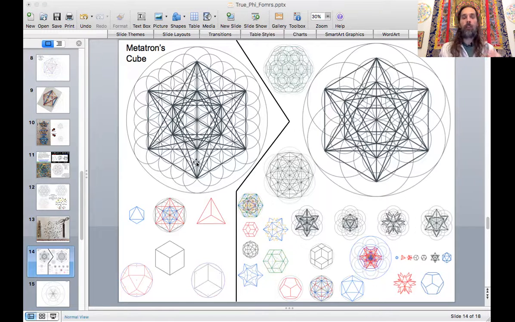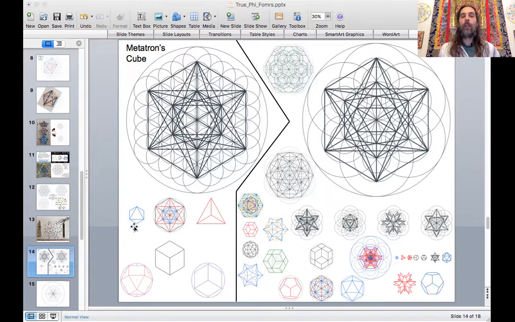Whereas this version here is so uniform that it only wants to work within certain proportions of thirds and halves, or sixths and fourths, which is what this template is really designed for. It doesn't add the kind of irrationality of phi.